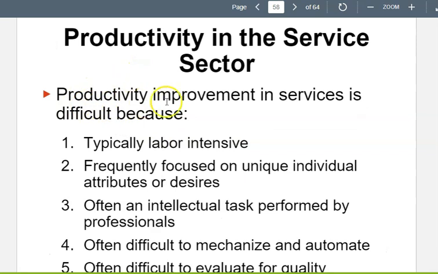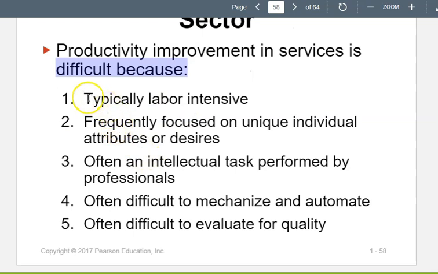And productivity improvement in services is difficult because it is typically labor intensive, frequently focused on unique individual attributes or desires, often an intellectual task performed by professionals. And when you have professionals involved, it's not easy to manage them because they are the ones who know how the job is being done.